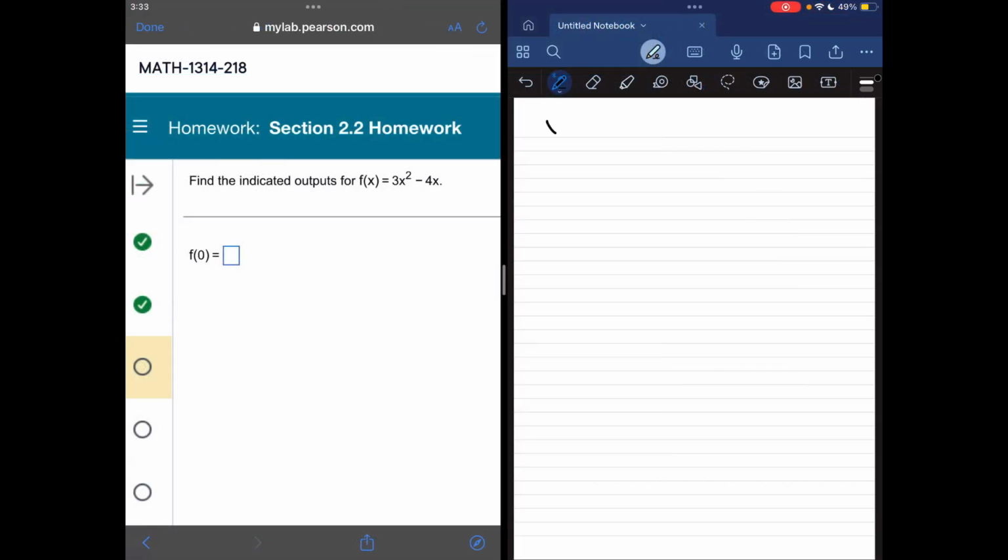Outputs. Here's the vocabulary that we need. We have x and we have y. And x is also known as the domain, the x-axis, and the input. The y is the range, the y-axis, and the output.